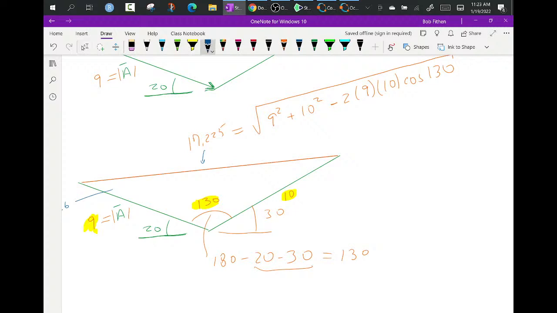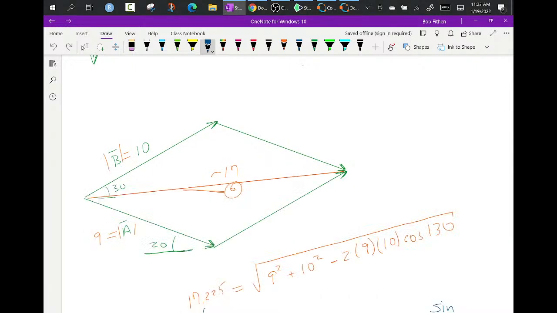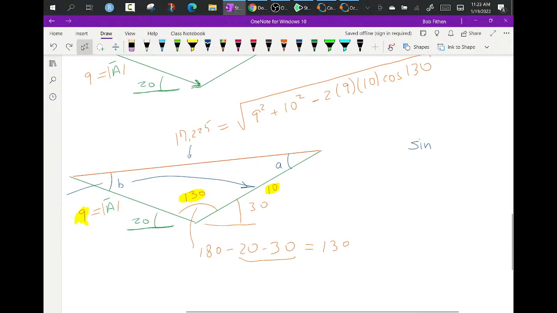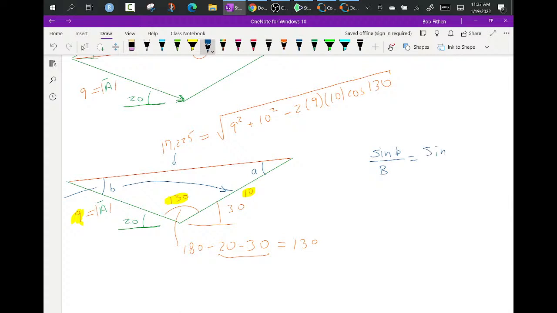I better start listing these out. I'm going to call this a little a for being directly across from here. And I'm going to call this a little b because it's directly across from that 10, which I called b. So I'll say sine of b over b is equal to, and now I'll call these other things c, sine of c over the big C. It turns out I can figure this out.